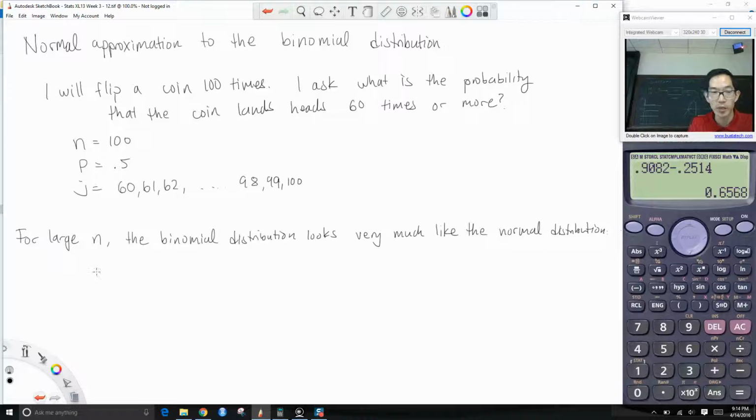Okay, and large n is defined by: large n means n times p is bigger than or equal to 10, and n times 1 minus p is bigger than or equal to 10. So if both of these check out, then we would say n is large enough.